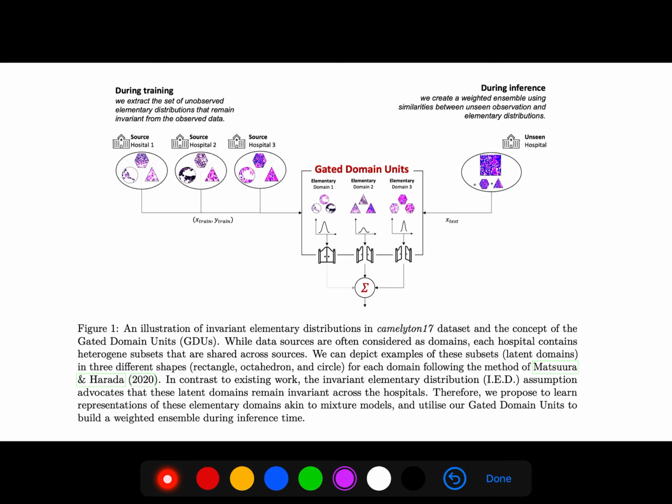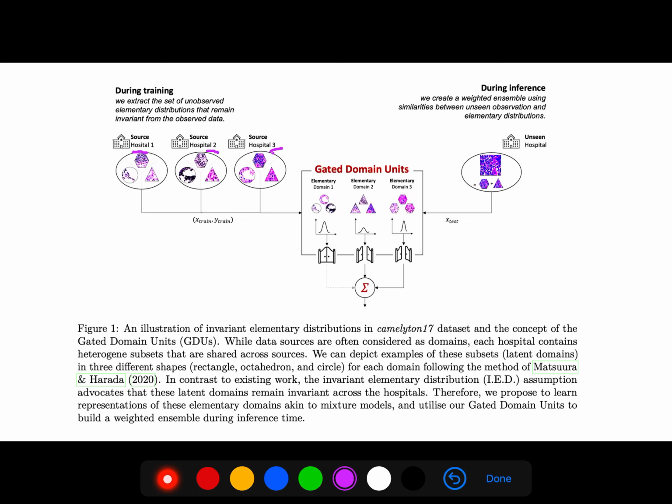While data sources are often considered as domains, for example, each hospital here is just one domain. Hospital 2 is domain 2. Hospital 3 is domain 3. We can depict examples of these subsets, latent domains, in three different shapes: rectangle, octahedron, and circle, for each domain, following the method of 2020.